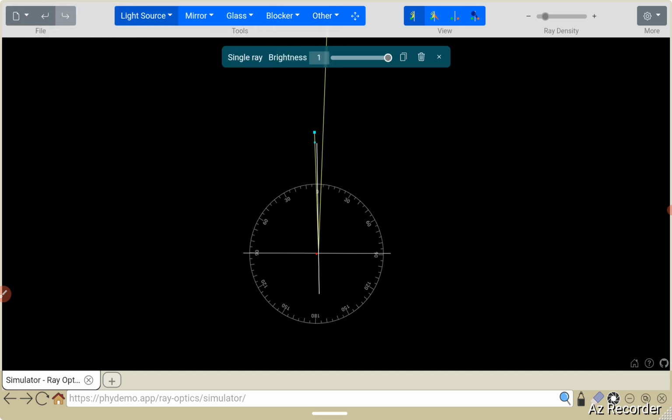Let this single ray fall on the mirror. If you observe, it is trying to trace its own path. Now it is not exactly on the normal, that's why there is a small angle shown. Now let me just shift it so that it exactly retraces its own path. Okay.